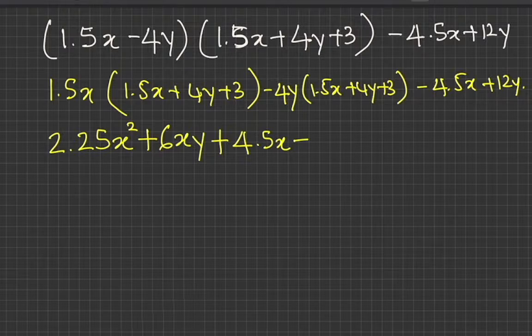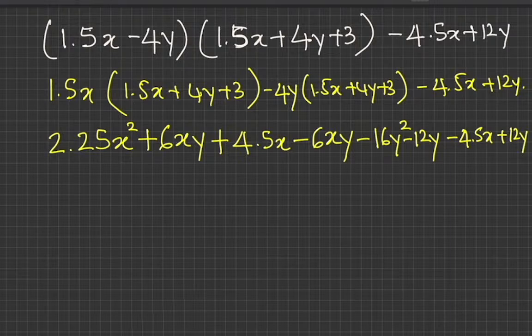So it is 6xy, right? And then 4 times 4 is 16, y squared. Then negative 12y, and 4.5x plus 12y.